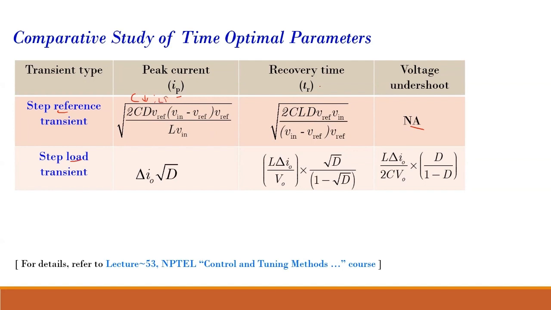If I want to reduce the recovery time, I have to reduce my capacitor and reduce my inductor. But for a load transient, if I want to reduce my recovery time, I have to reduce my inductor, and if I want to reduce my voltage undershoot, I have to reduce my inductor and increase my capacitor.